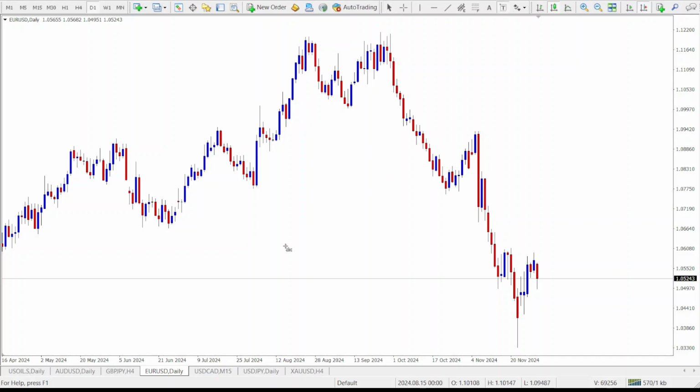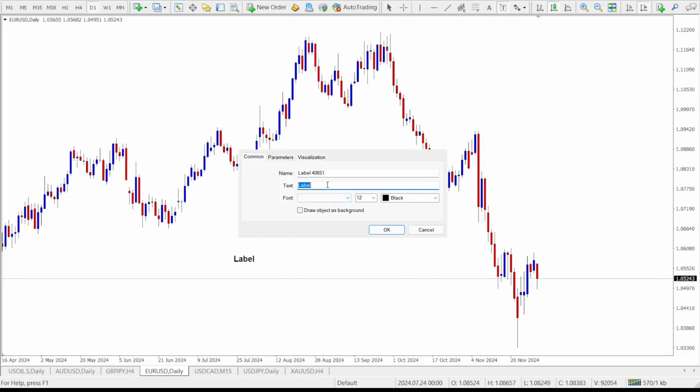I'm just going to add the name to the charts right here so we can see it with clarity. Inverse Fisher transform of RSI.